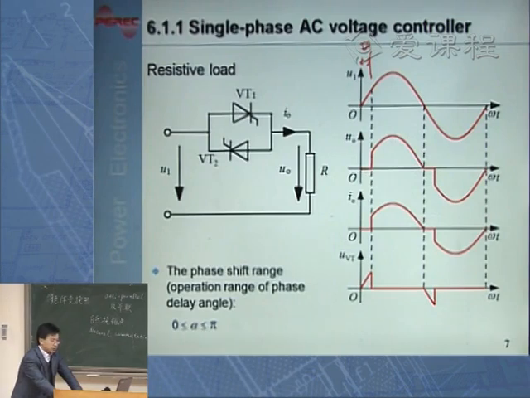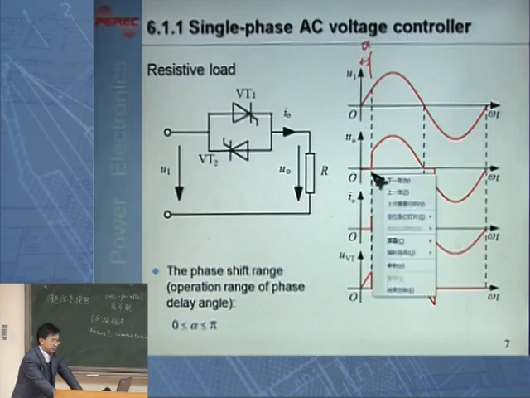When I trigger VT1 at this instant here, because VT1 now is under positive voltage, this input voltage is positive, applied to VT1. Therefore, when I trigger VT1, VT1 will be conducting. When VT1 is conducting, the current will be flowing through VT1 and the load.